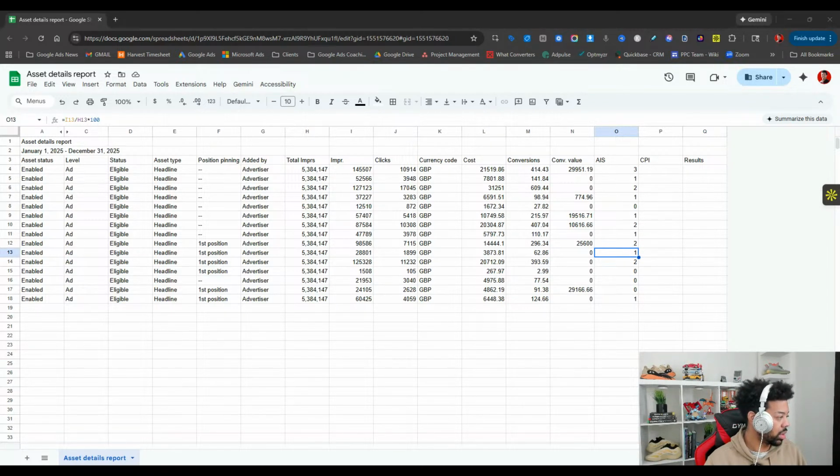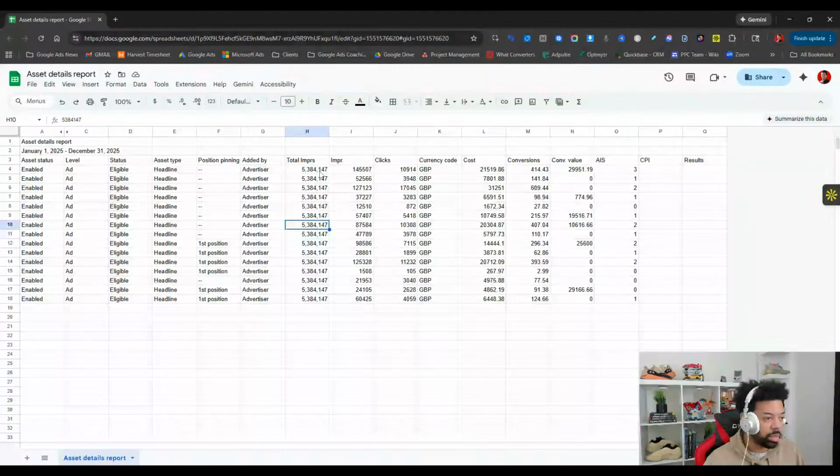So we got the top performing campaign, and then we got the top performing ad group out of that campaign. And then we're going to go to impressions and pull in the total impressions within that campaign for that ad group.